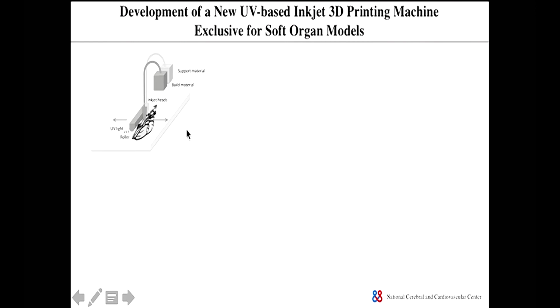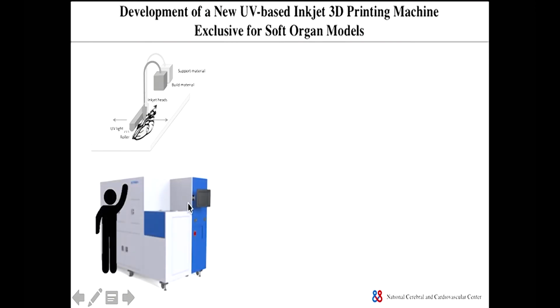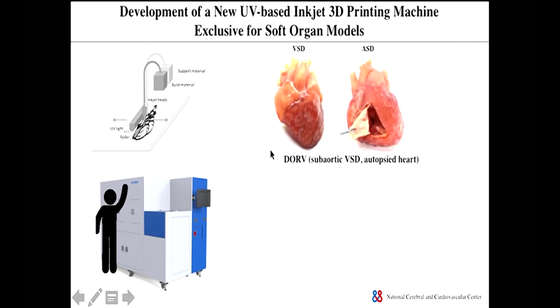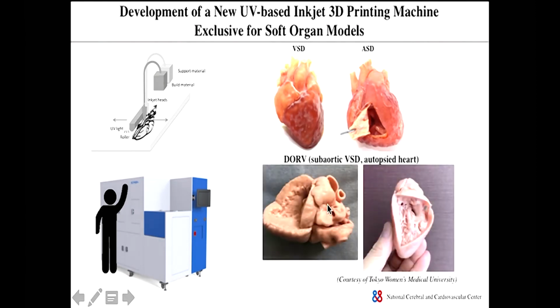This is the method of this UV-based inkjet 3D machine. This is the machine we made. It cost almost $1 million. But we are able to get a very flexible model. This is a little bit wet type.